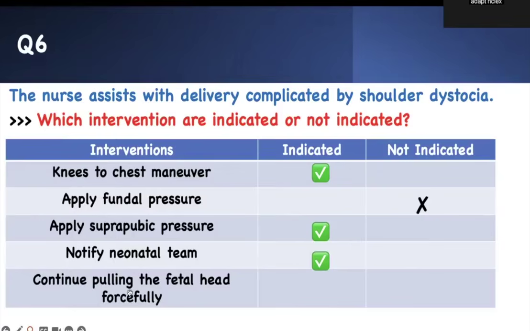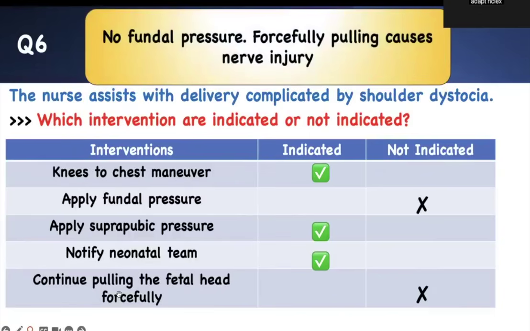If you pull the head too hard and forcefully, you're going to cause brachial plexus injury. That's nerve injury, and therefore you should not do that because the shoulder is locked in place. So don't do that. And therefore, the key concept is what? No fundal pressure. That's the key. Forceful pulling of the head will cause what? Nerve injury, called brachial plexus injury.